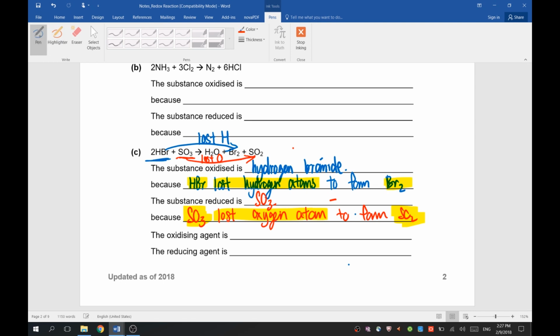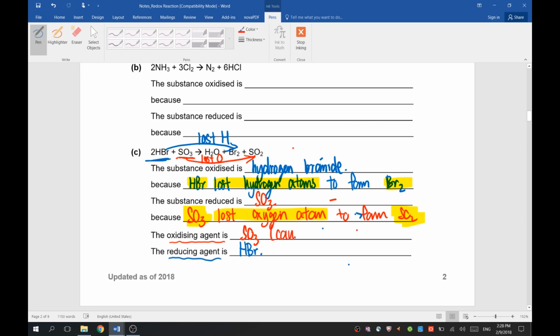So now, what is the substance that is called the oxidizing agent? Like what I said just now, the oxidizing agent is the substance that causes something else to be oxidized. So itself must have been reduced. So it's actually your SO3. The reducing agent in this case is the substance that caused something else to be reduced, and therefore itself must have been oxidized, and it is actually hydrogen bromide.